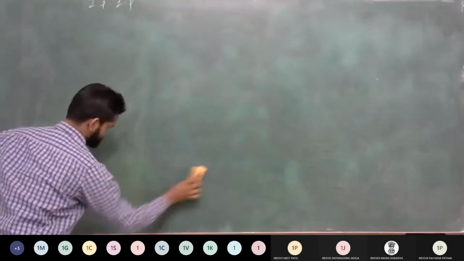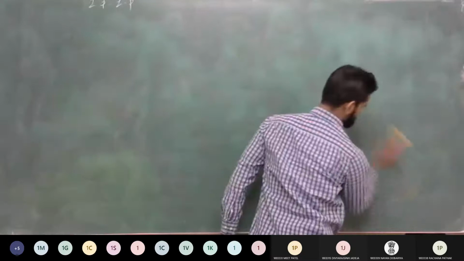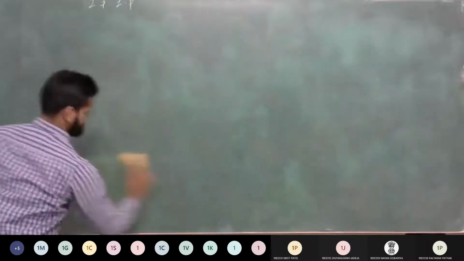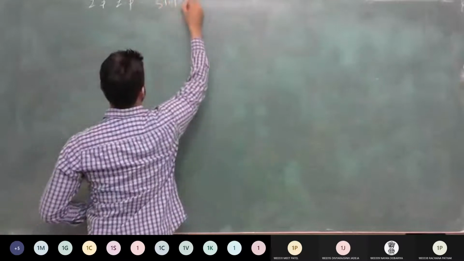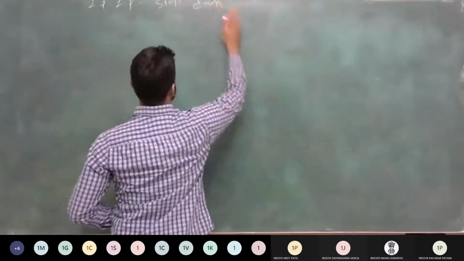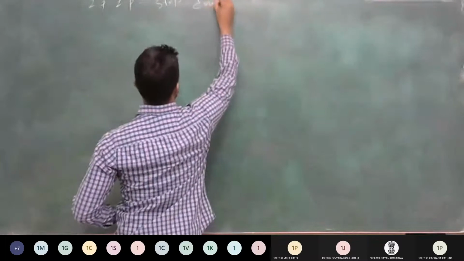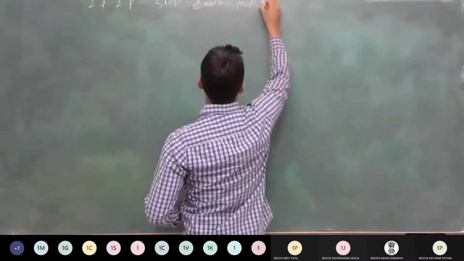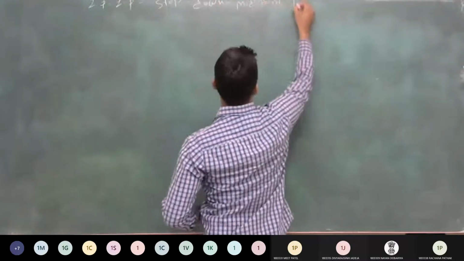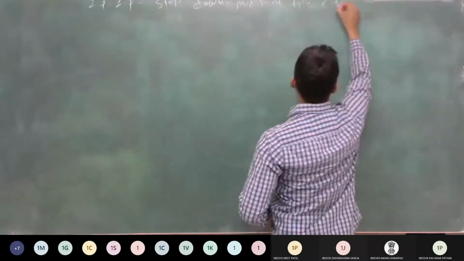So again we draw the diagram of the midpoint configuration. This is a single phase to single phase step down midpoint type cycloconverter.